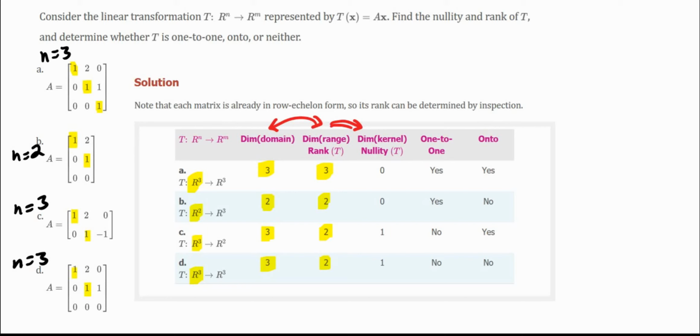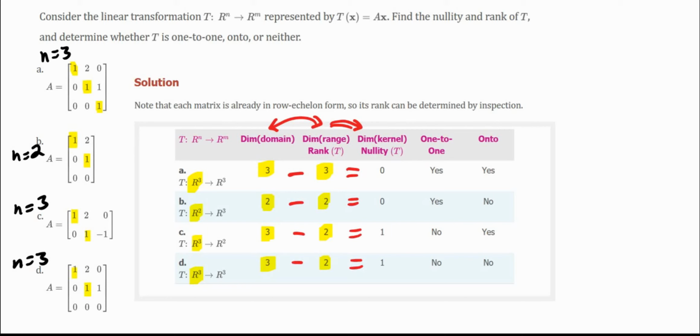So 3 minus 3 is 0, right? Two minus 2 is 0. 3 minus 2 is 1, and then 3 minus 2 is equal to 1.